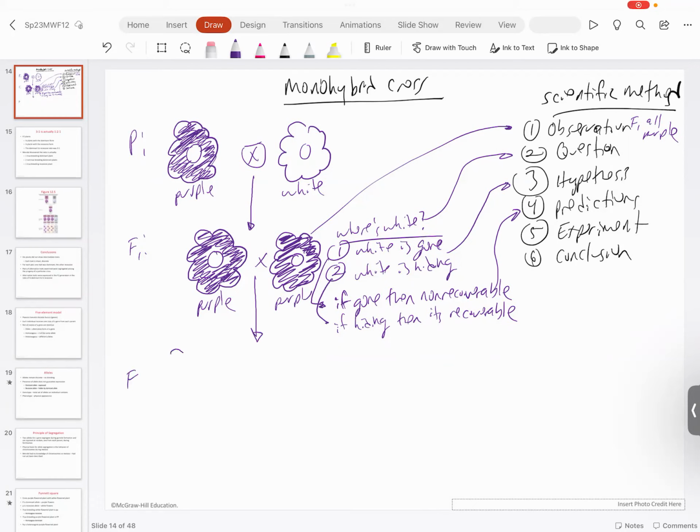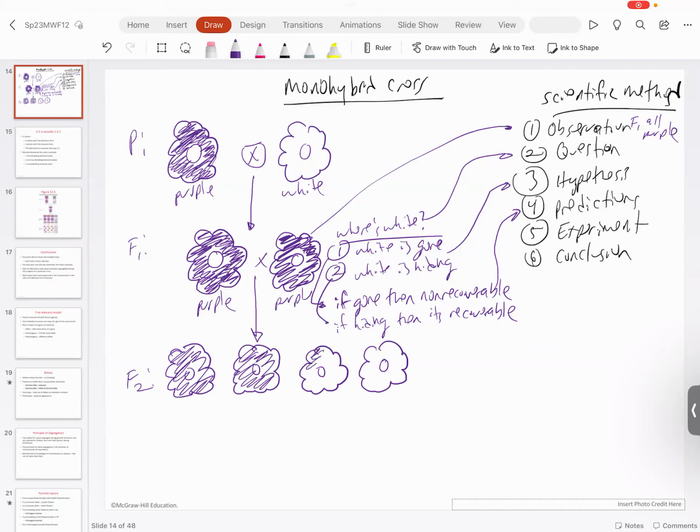Now what's going to happen is you're going to get an F2 generation. It's going to look something like this, yes? 3 purples to 1 white.